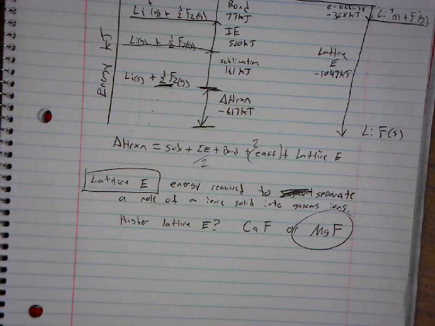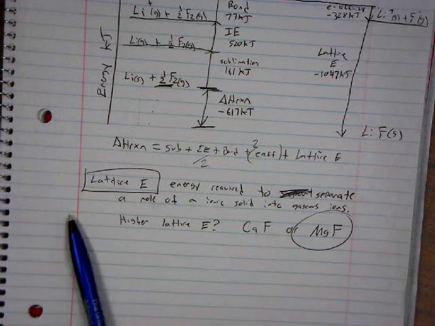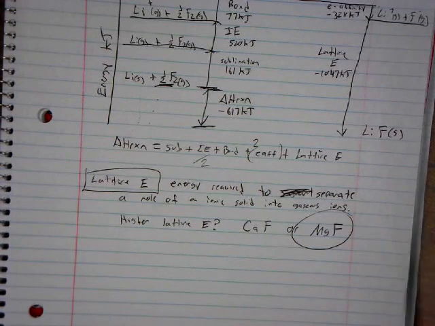Whichever one is smaller is going to be harder to break apart, is what it comes down to. Because this is the energy required to separate a mole of ionic solid into its ions, whichever one's closer is going to be harder to break apart. That's it. That's Coulomb's law. Further apart, one more shell. Yeah, calcium has more shielding. You got it. Shielding.